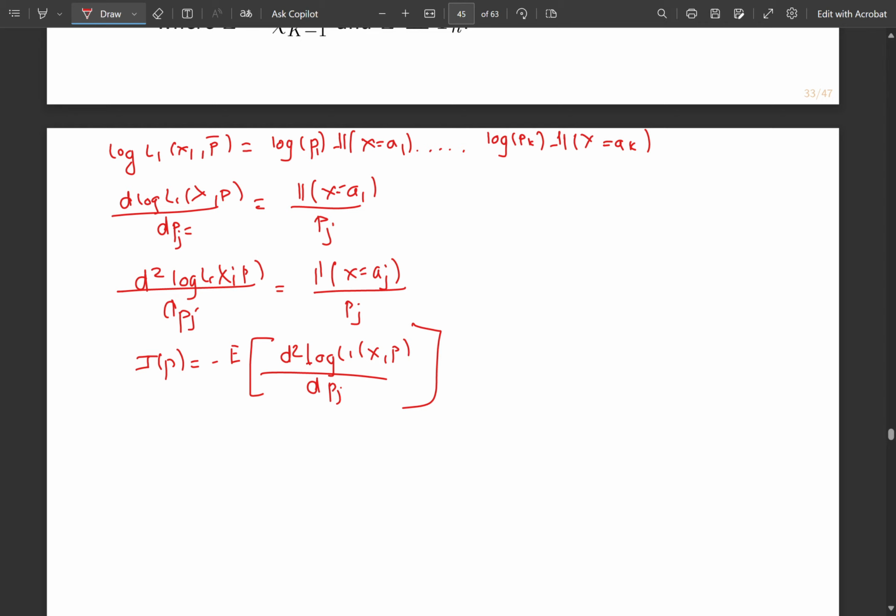Now because of this we'll get a matrix. Fisher information here is a matrix, and this matrix will have off diagonal elements equal to 0, and diagonal elements will be non-zero.